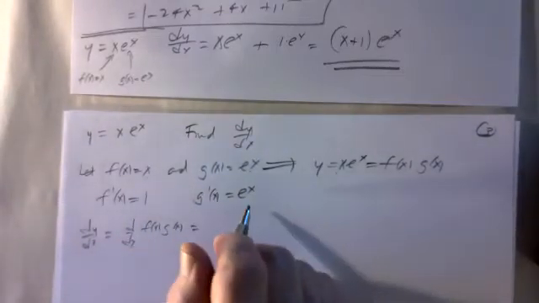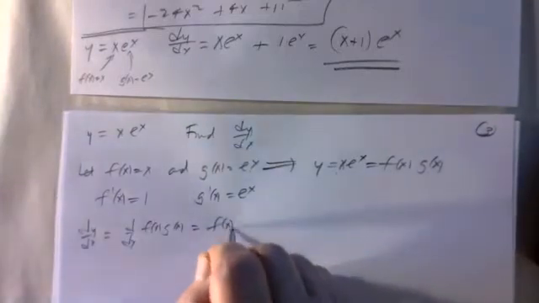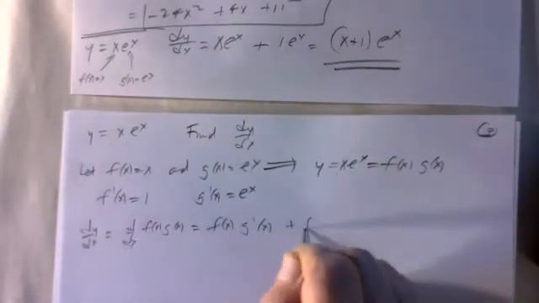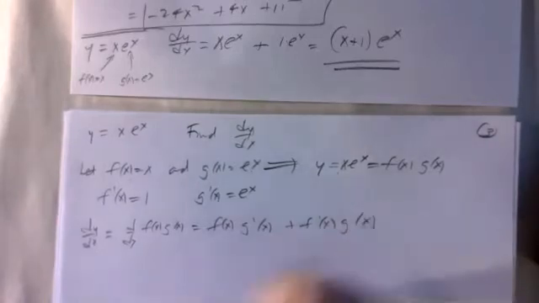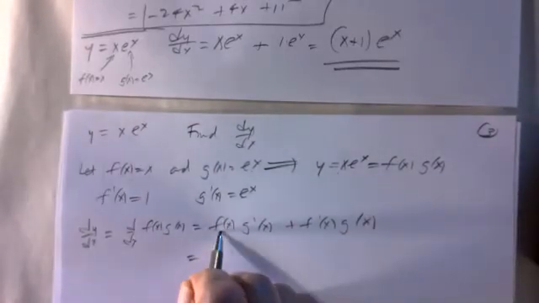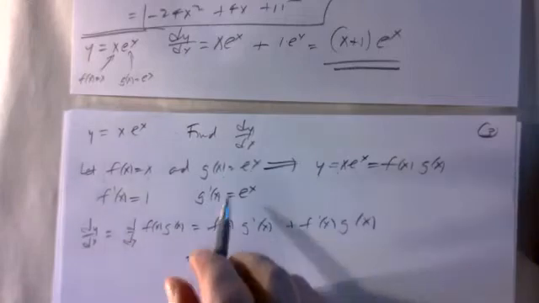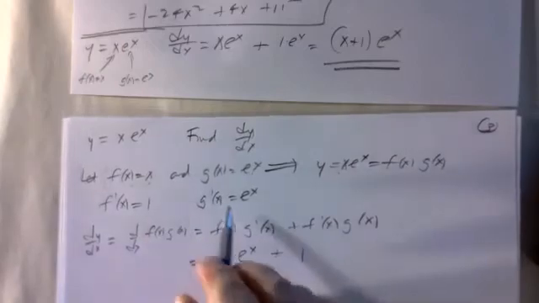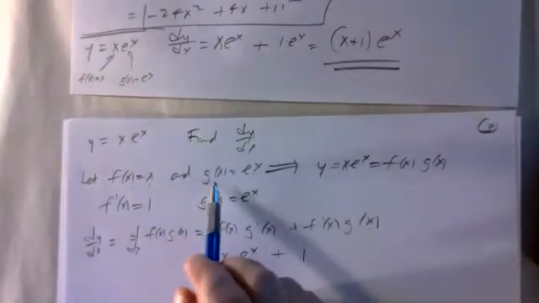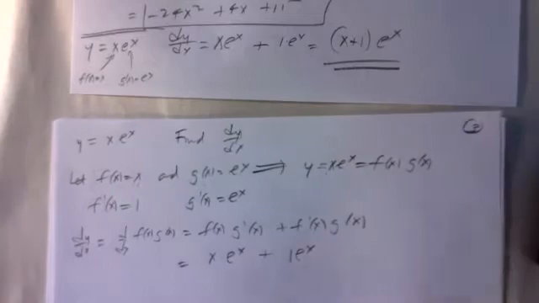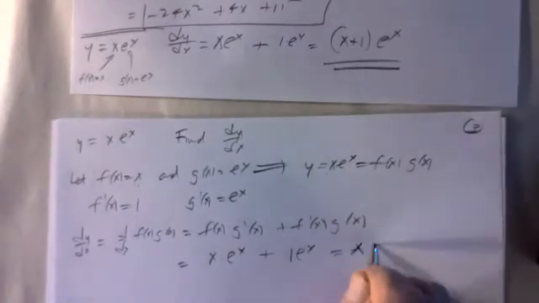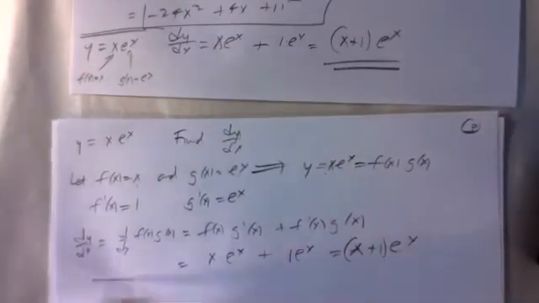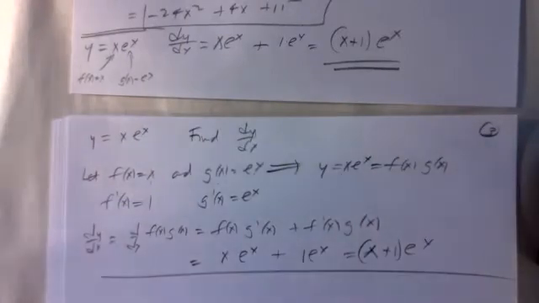By the formula, this is f of x, g prime of x, plus f prime of x, g of x. f of x is x. g prime of x is e to the x. f prime of x is 1. g of x is e to the x. And I factor out the e to the x, that's just x plus 1 times e to the x. Thanks.